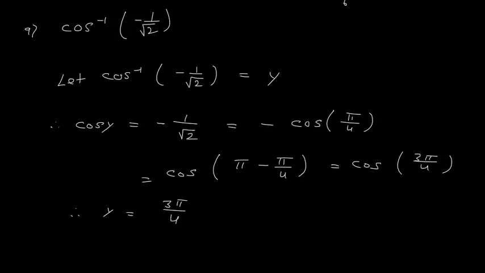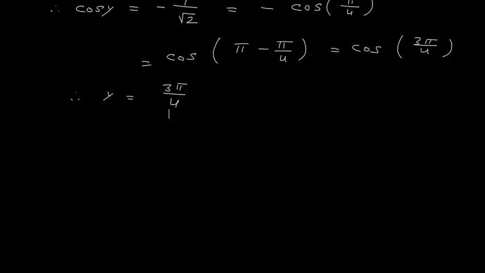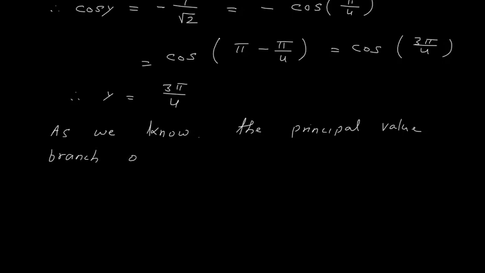Okay. So as we know, the principal value branch of cos inverse is between 0 to pi.